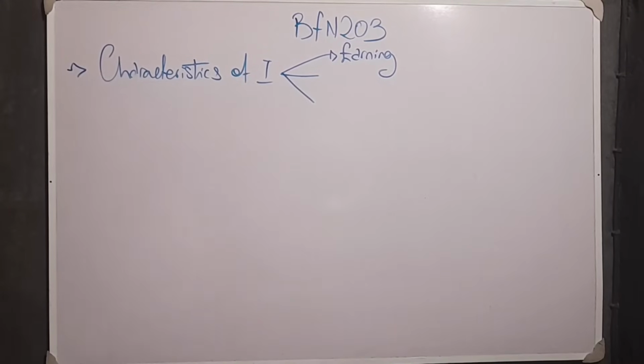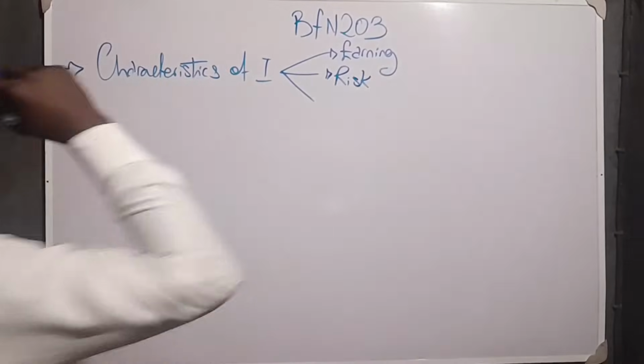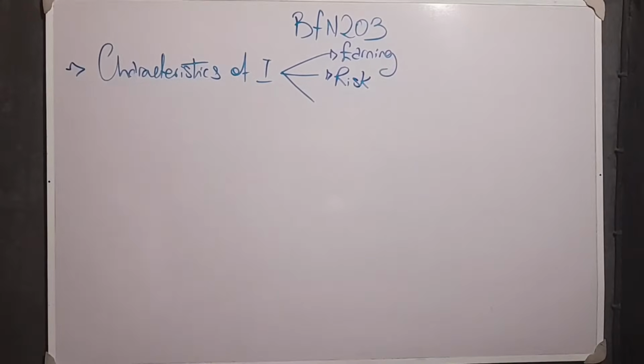Also, you need to know that when it comes to investment, there is also the factor of risk. What makes investment different is that there are certain investments with little or zero risk tolerance, while there are some whose risk is volatile, it's 100%.